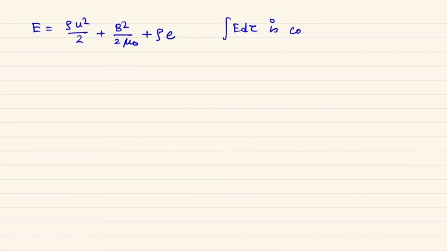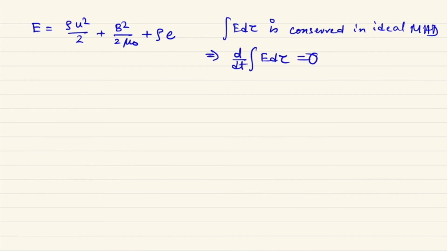As you know, we have to show that E, the total energy density, which is rho u square by 2 plus B square by 2 mu 0 plus rho E, integrated with d tau, is conserved in ideal MHD. Then we actually have to show that d/dt of the integral of E d tau is equal to 0. That we have to show.